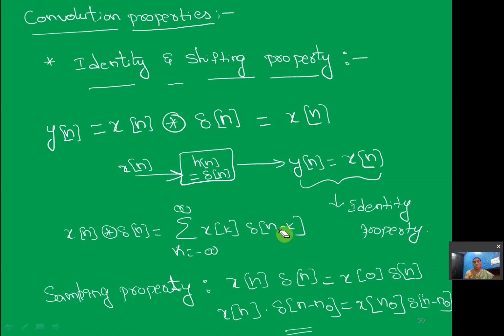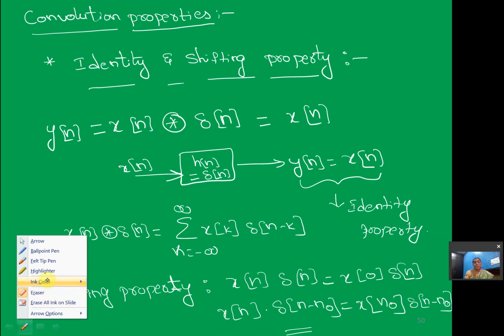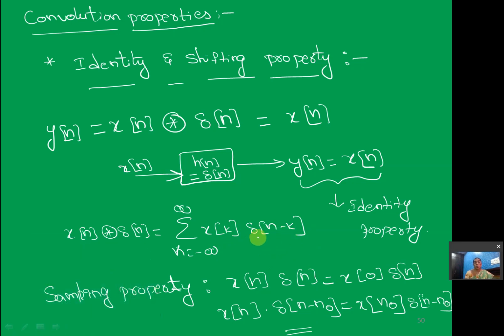So x of k into del of n minus k: here k is the variable, so it exists at k is equal to n.